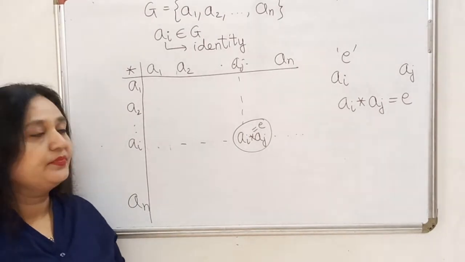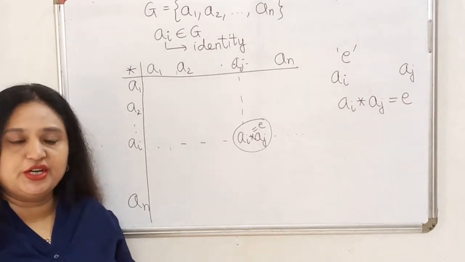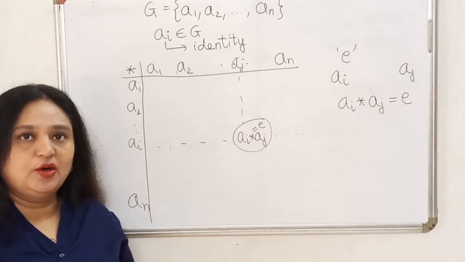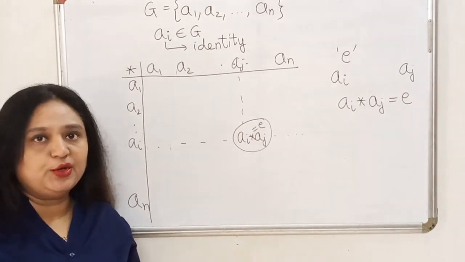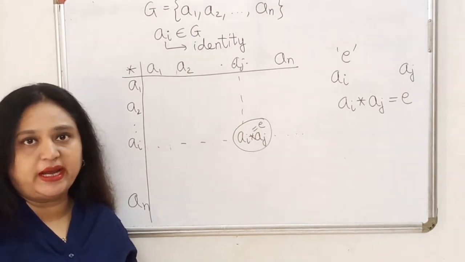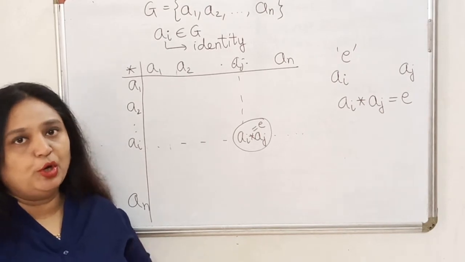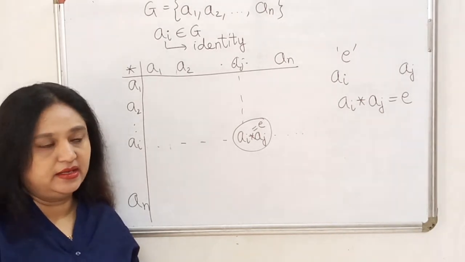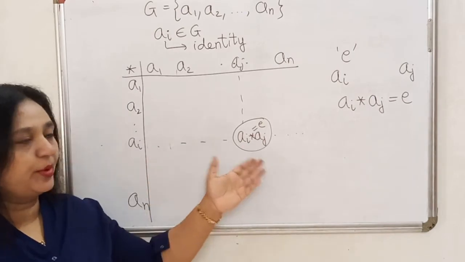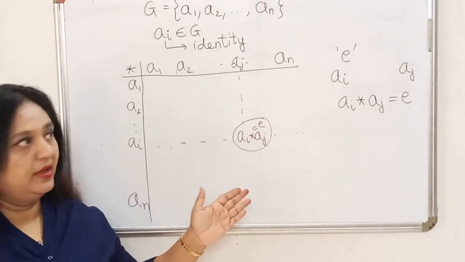Of course, you will notice that I have mentioned all properties only from one side. Remember, I told you an element is going to be called identity if it works from both left as well as right. But here I have checked the property only from the left.